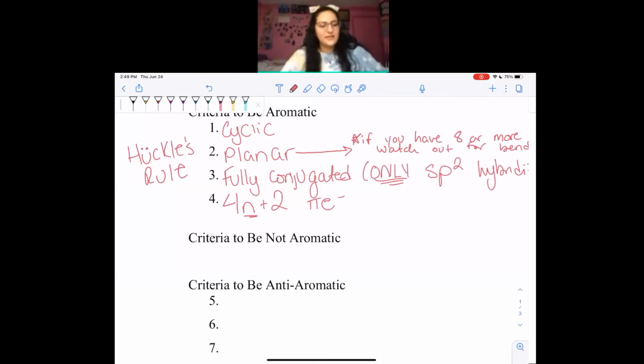All this is telling you is that the number of pi electrons in the ring has to equal 4 times an integer, plus 2. So 2, 6, 10, 14, etc.